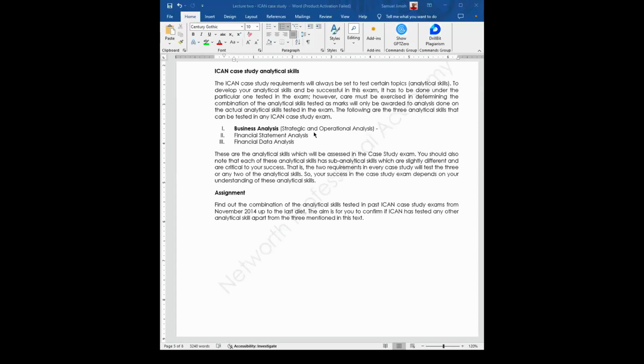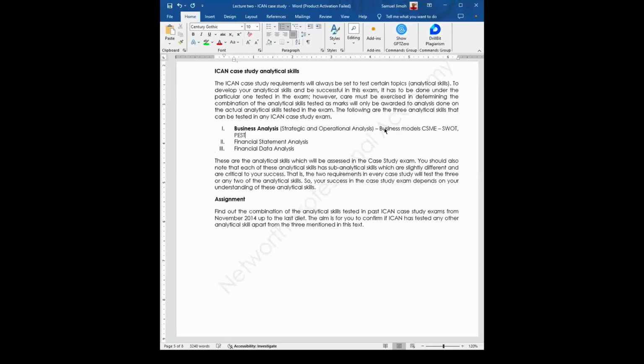The first one is the operational and strategic analytical skill or analysis. And that is what you will hear most students call business analysis. And there are tools that we use for business analysis. So in any scenario where we are to do business analysis, it means there are the business models in your CSMA: the SWOT model, maybe the PESTEL model.